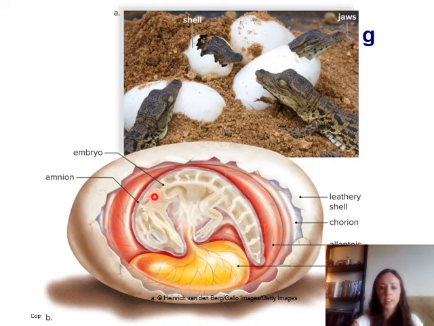And then the amnion here, which is just on the outside of the embryo, is going to prevent the embryo from drying out and adds a layer of protection. All the extraembryonic membranes eliminate the need for a watery environment for development.